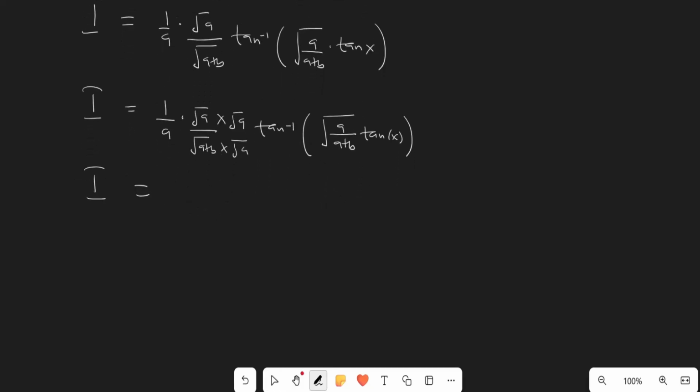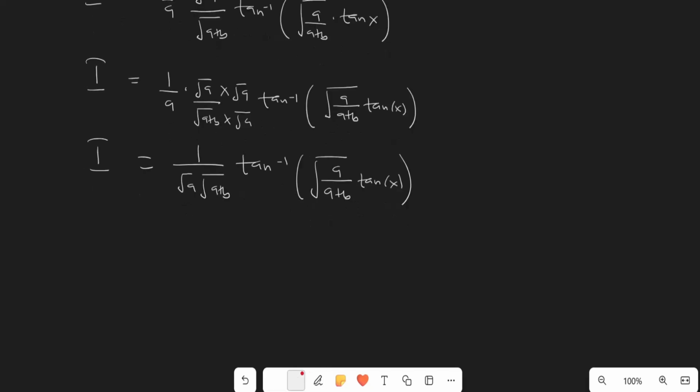So this is 1 over a times, this is multiplying to a, so 1 over a times a is just 1, and that will be left with 1 all over the square root of a times the square root of (a plus b), and then the tan inverse of the square root of a all over (a plus b) tan of x, like this.